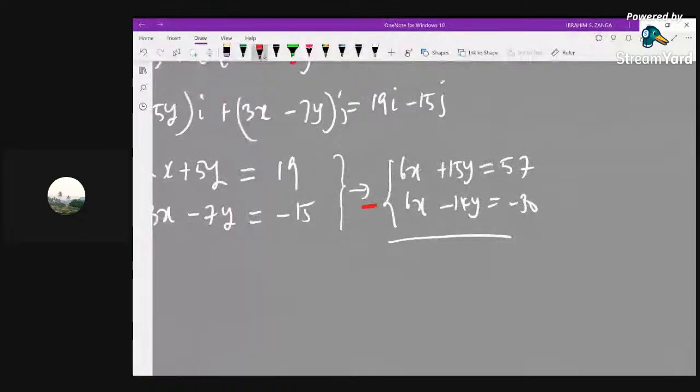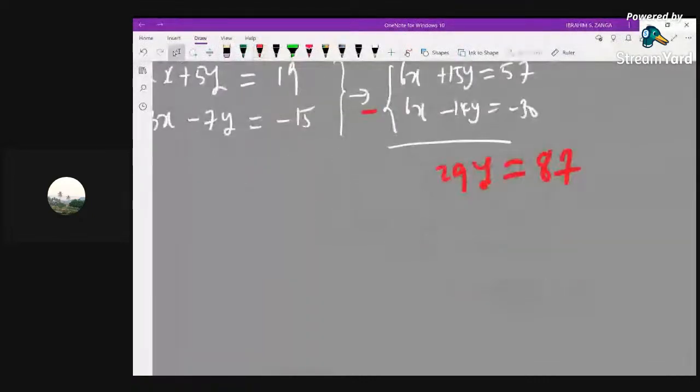When we subtract, we are going to get 29y equals, you subtract here, you're going to get 87. Okay, so you divide by 29, you're going to get, obviously, y equals 3. The value of y equals 3.